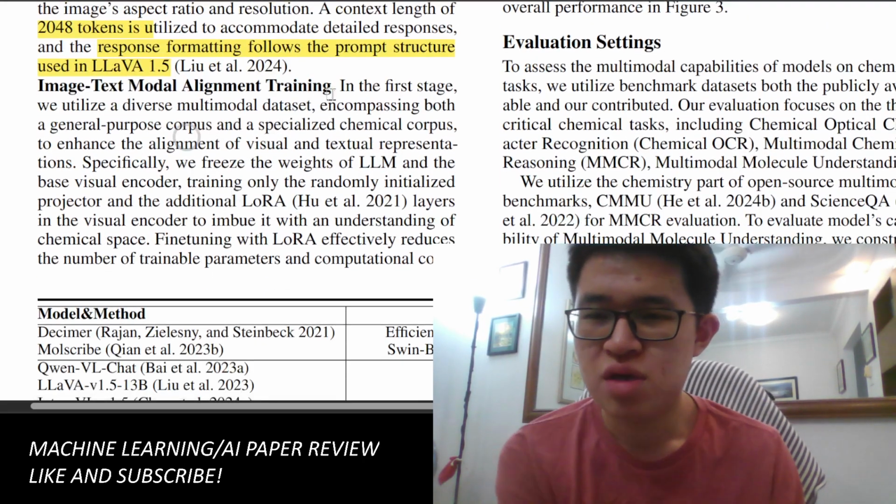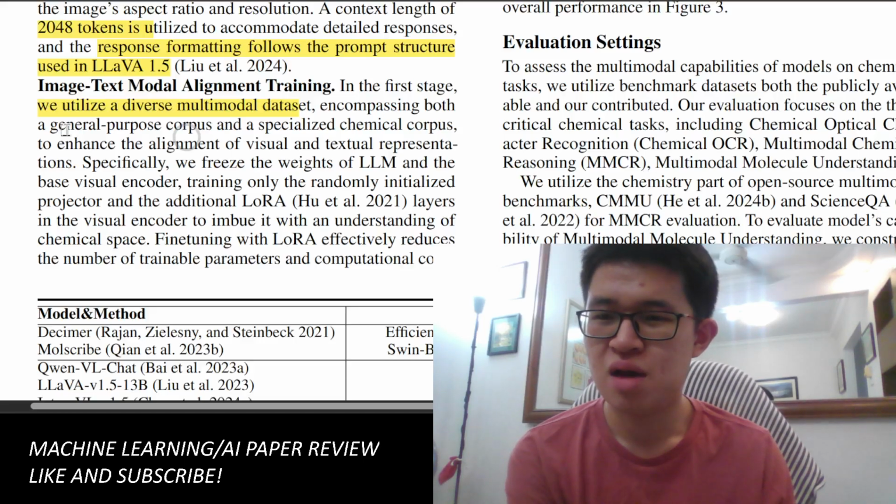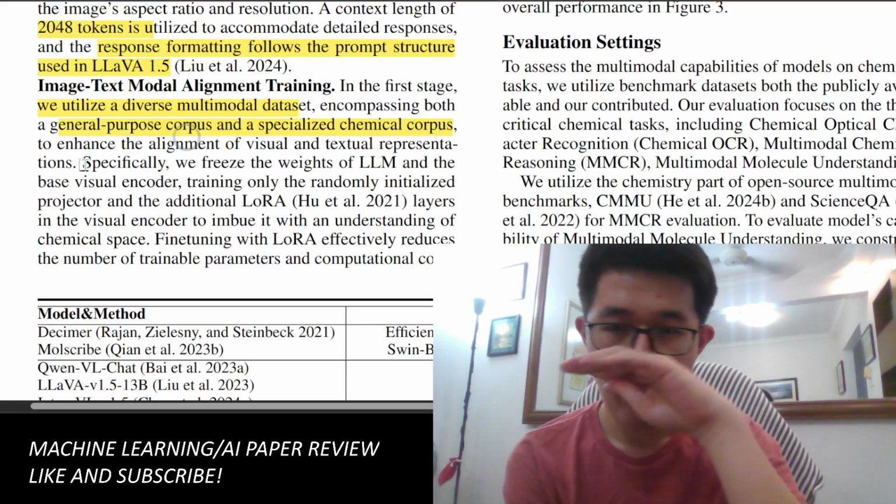In the first stage, they used a multimodal data set encompassing both a general purpose corpus and a specialized chemical corpus.